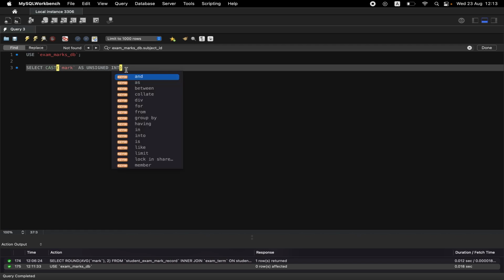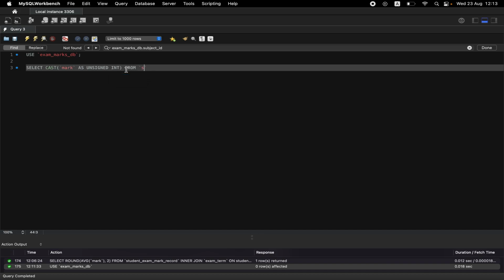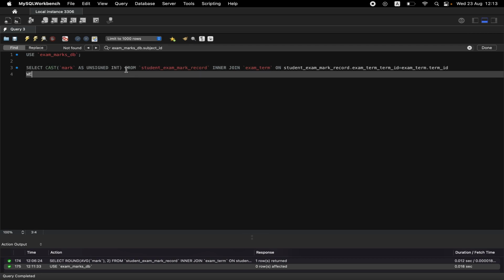So select cast mark as unsigned integer from student exam mark record inner join exam term table on student exam mark record dot exam term id equals exam term table dot term id, where term name is equals first term.